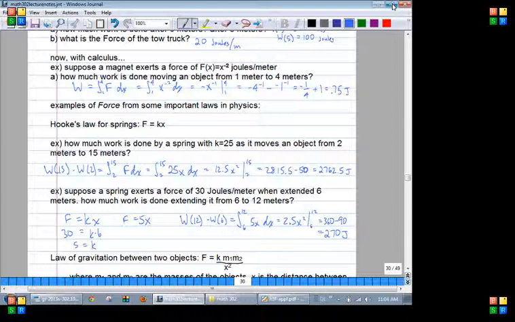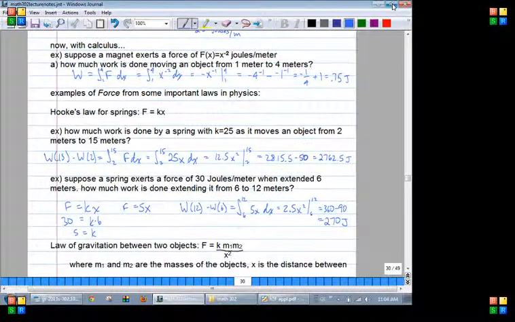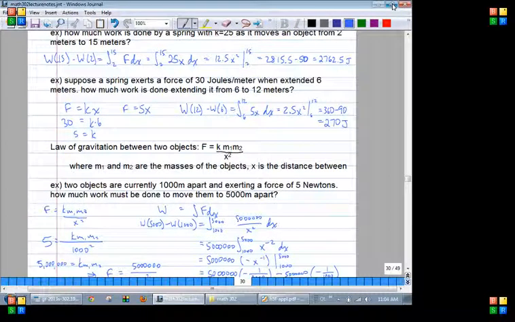Thing is that not all springs are identical. And when you have two objects, not all objects are identical. They have different masses. So the way physicists deal with those situations is they just put constants in there. So with the spring, they say every spring has its own value for K, and we'll worry about that when we get there. The thing is, well, we're there now. So one of the things you want to do in an actual situation is the first thing you have to say is, well, okay, what is the K for this spring?